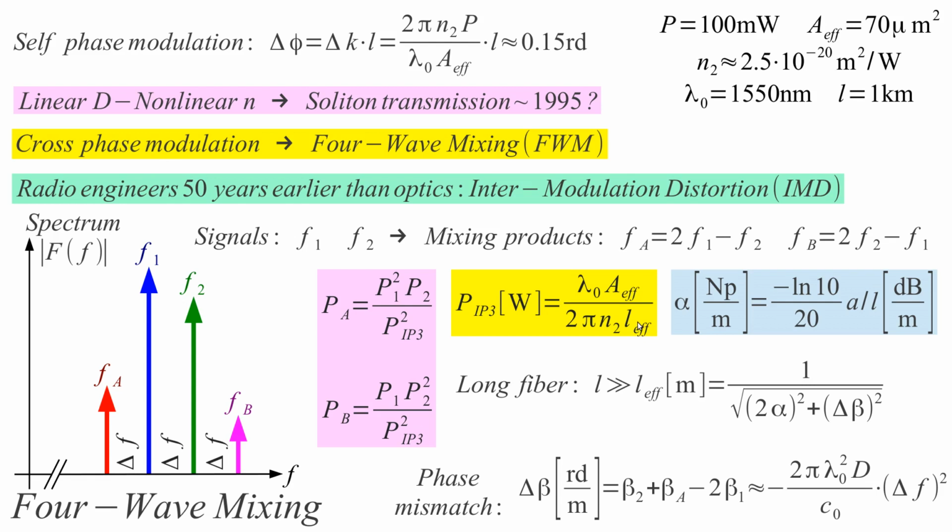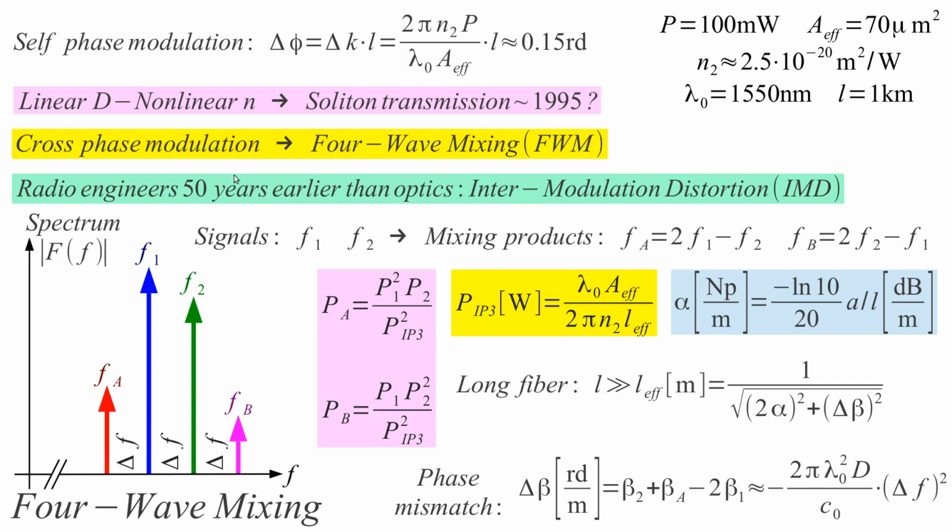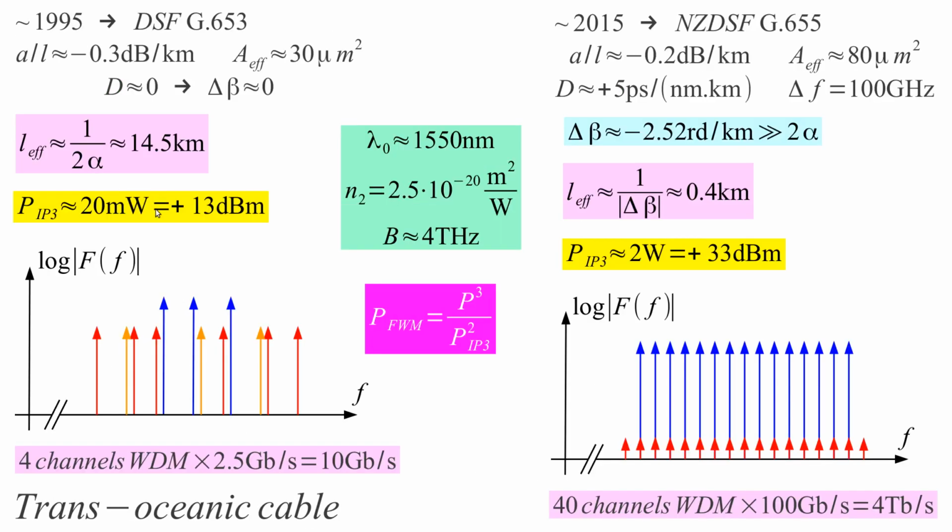A very long effective length means a very low intercept point, a very low intercept of 20 milliwatts, if we put all the numbers about the glass in here. And this is a very low intercept point, because at 20 milliwatts, this means that our interference is already the same power as the useful signal. So we should use powers much less than 20 milliwatts in such a cable.